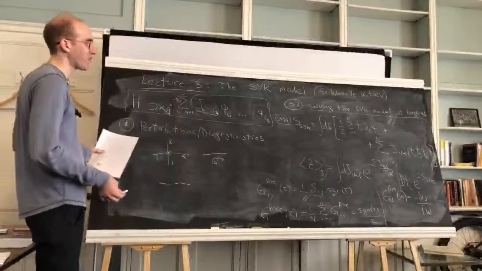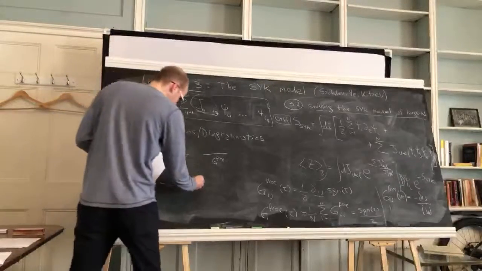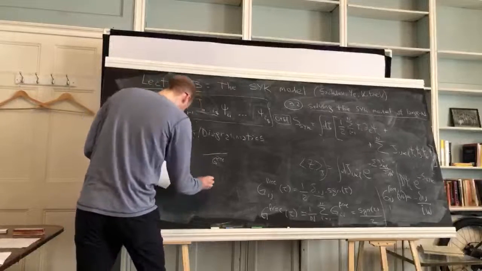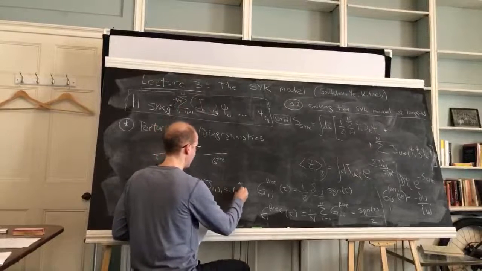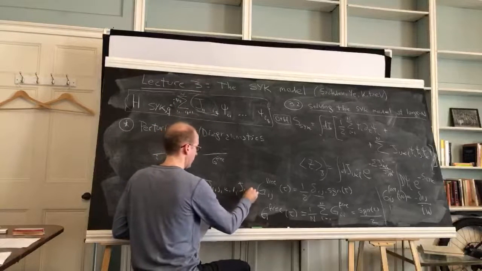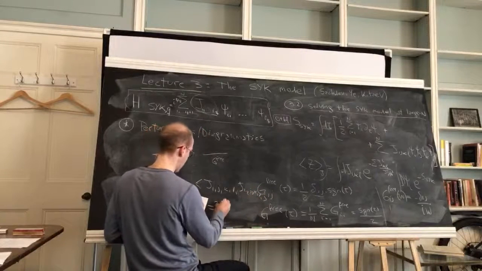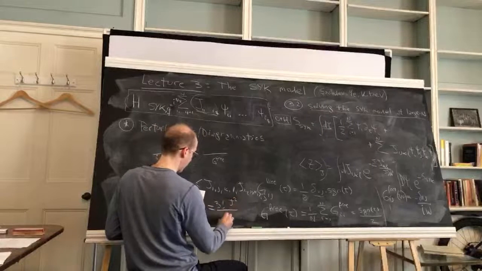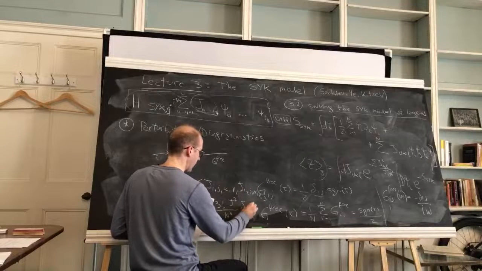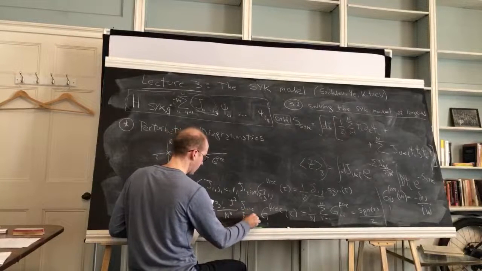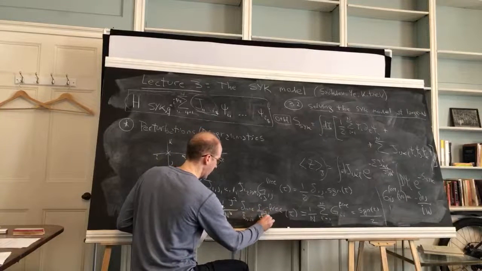There's no kinetic term for J. It will be just a term that can appear with a 2-point function that will be given by J_{i1 j1 k1 l1} J_{i2 j2 k2 l2} equal to J squared over N cubed and all the deltas. So delta i1 i2, delta j1 j2, delta k1 k2, delta l1 l2.